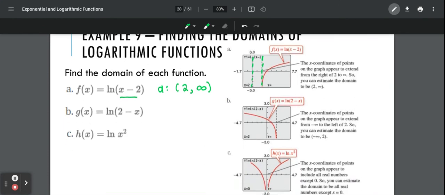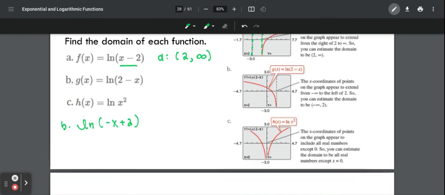Now when we look at b, this one's a little bit trickier. For b, we might want to rewrite that as the natural log of negative x plus 2. And so in that case, we actually have to have that negative by itself. So we're going to factor out the negative, and then we have x minus 2. So once we write it like this, and we talk about the transformation, we know that we're going to reflect our x values.